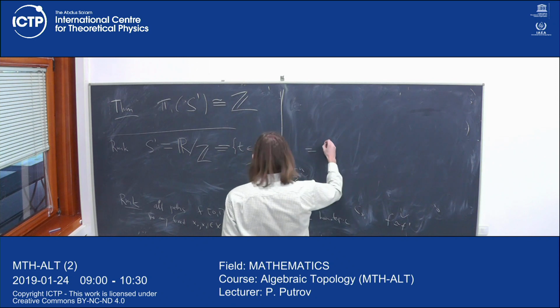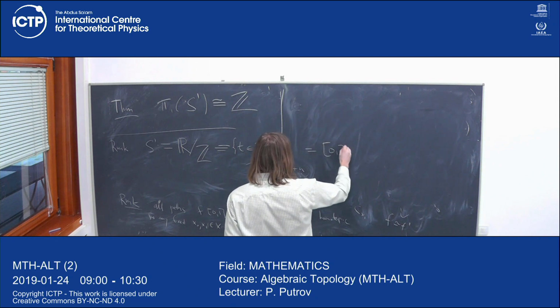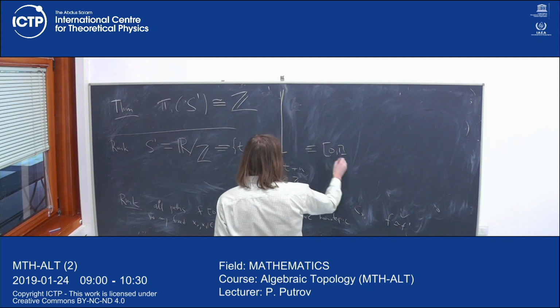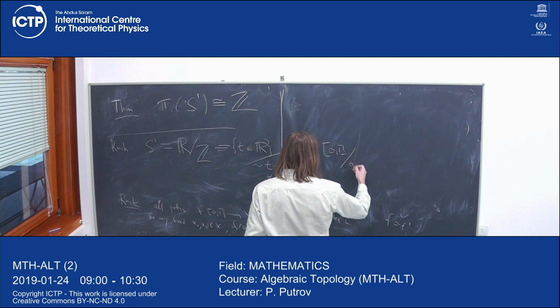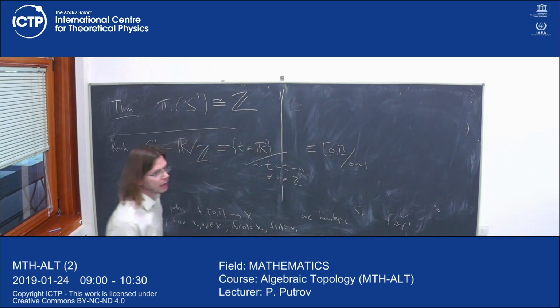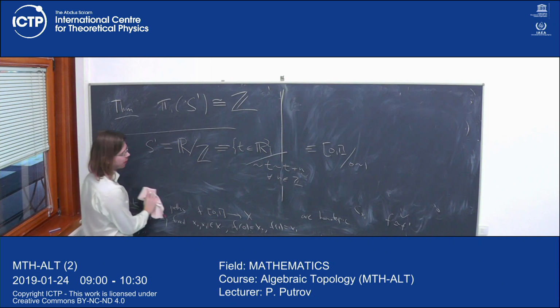But of course, this can be more explicitly realized as a quotient of the interval [0, 1] by identifying 0 and 1.